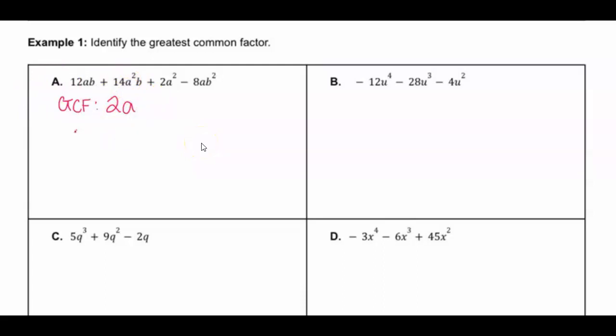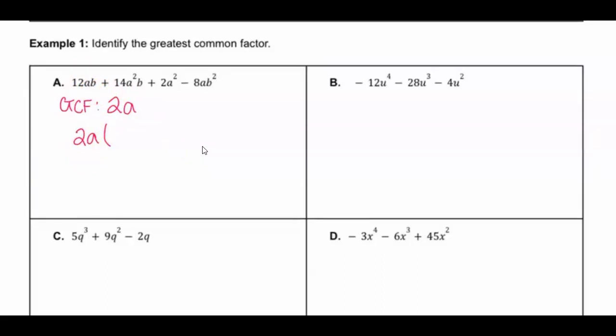So I'm going to put that, similar to factor by grouping, in front of my parentheses. And then I'm going to say, well, 2A times what is 12AB? Well, I know that 2 times 6 will give me 12. I already have my A, so I don't need another A, but I don't have a B. So 2A times 6B is 12AB.